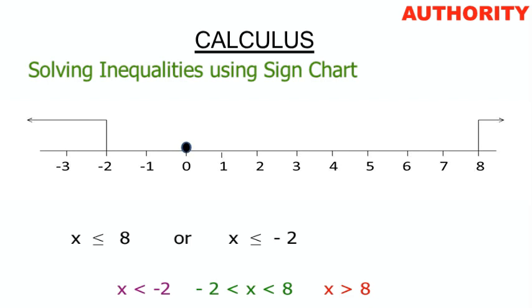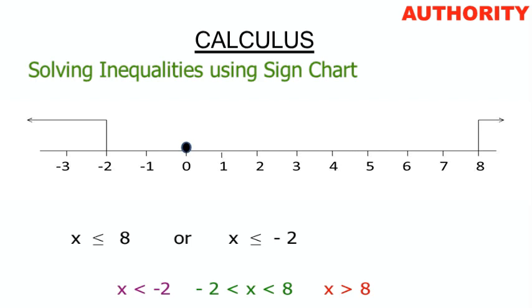Okay, so which one is the highest? We have 8 to be the highest, right? Then draw the arrow up, then forward, that is from 8, 9, 10, 11, 12 upwards. And then the second one from minus 2 downwards. So here we now have 3 ranges of values.